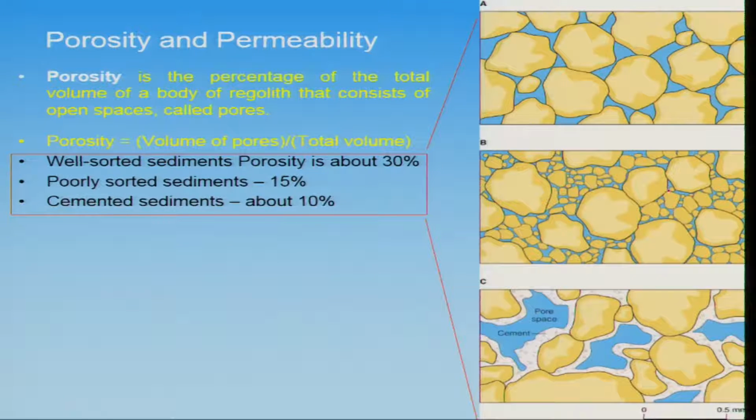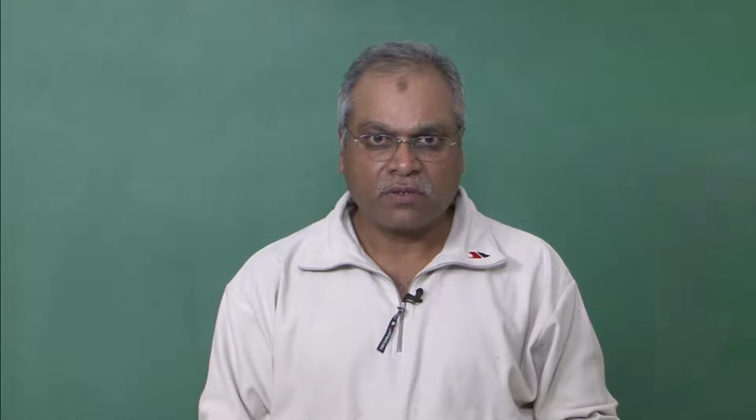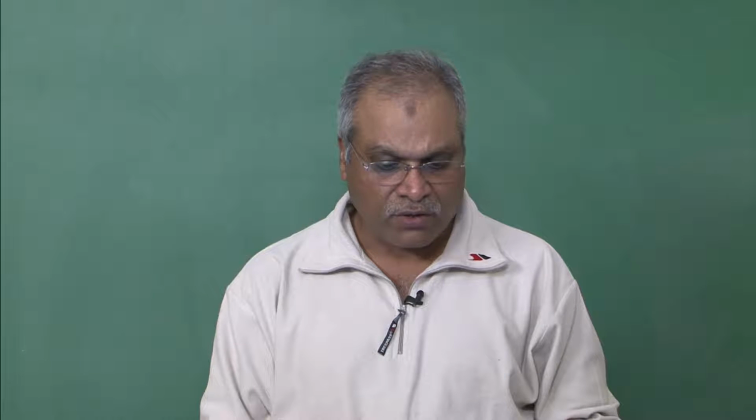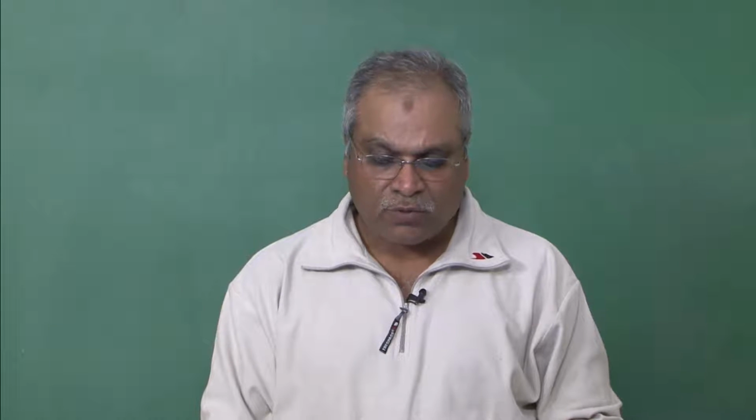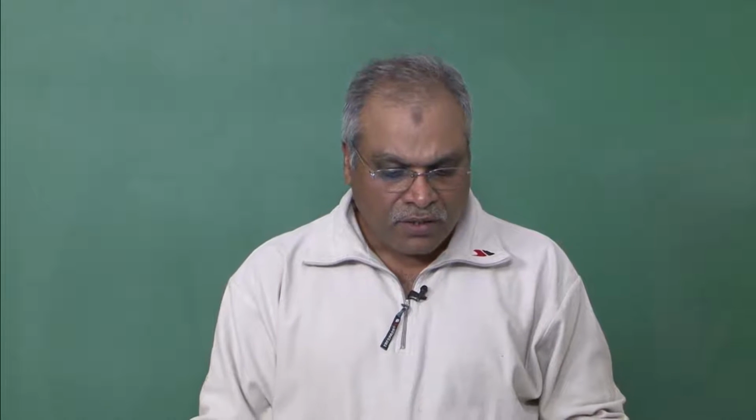So, the blue portion is showing the space occupied by water, and then the cemented one will have a porosity of around 10%. Okay. So, you can refer to the different types of rocks we studied in the previous course, mainly the sedimentary rocks, metamorphic rocks and all that, which will help you in understanding the porosity and permeability part.